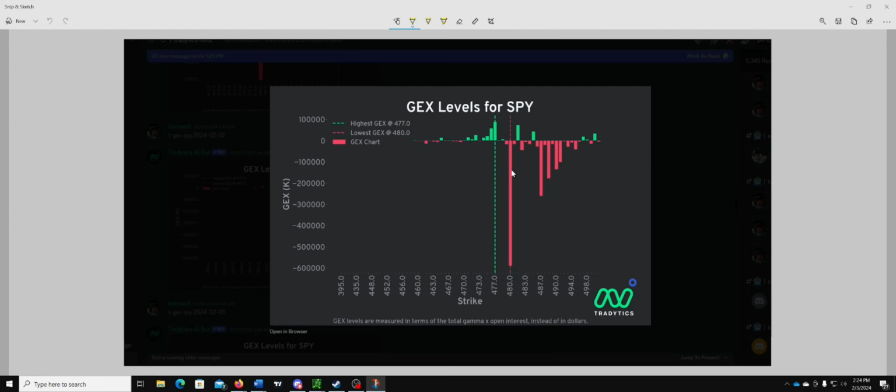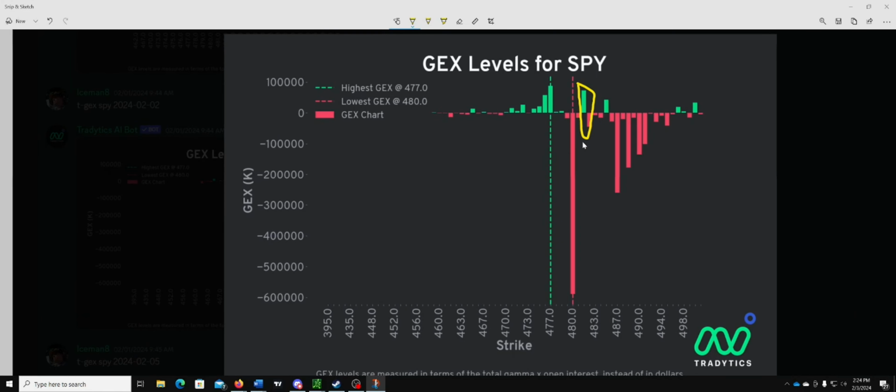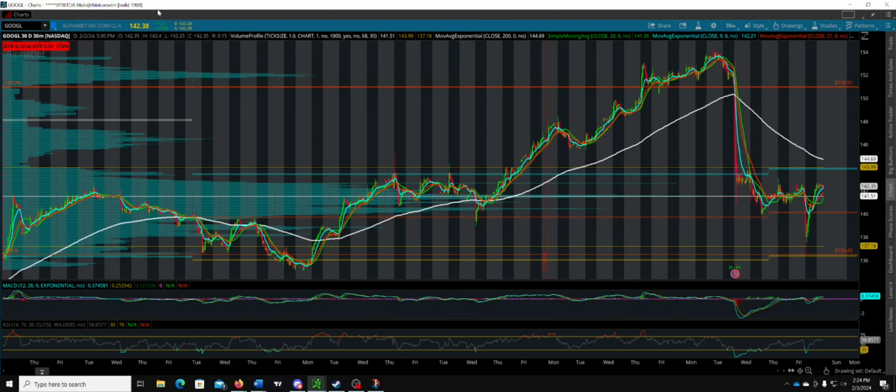The price is not dropping before 480. Let me zoom in a little. We have this combination of red and green, and we could tell that this red bar is 487. We have a combination of red and green. The price dropped on Friday, right? Let's go to SPY.